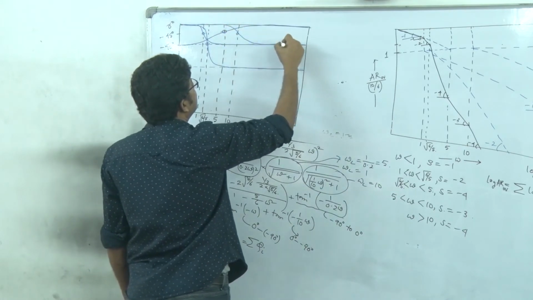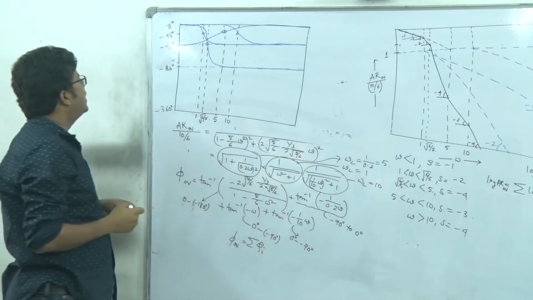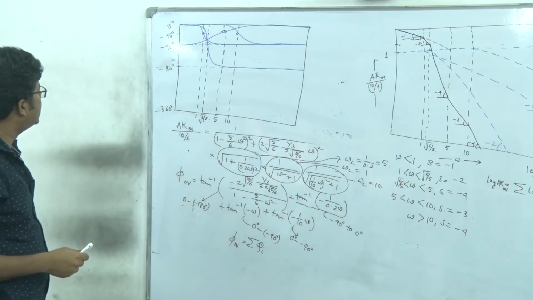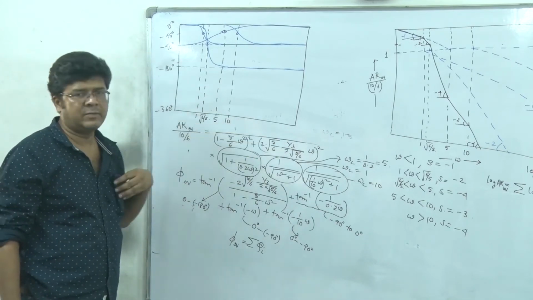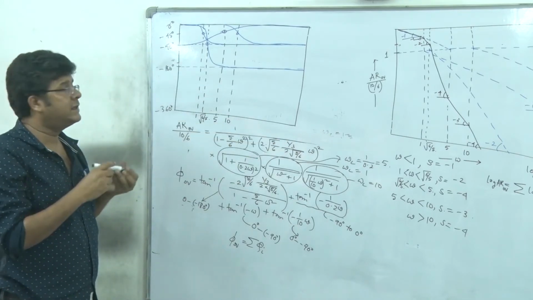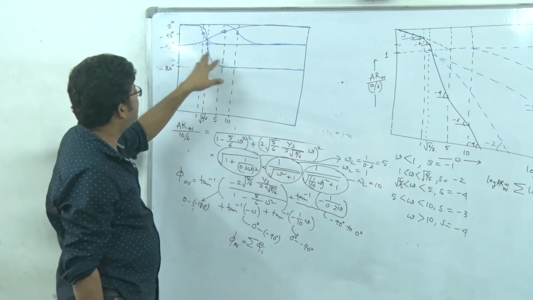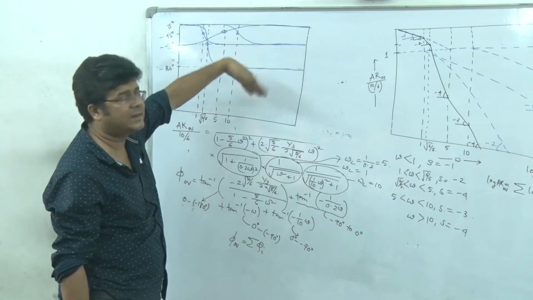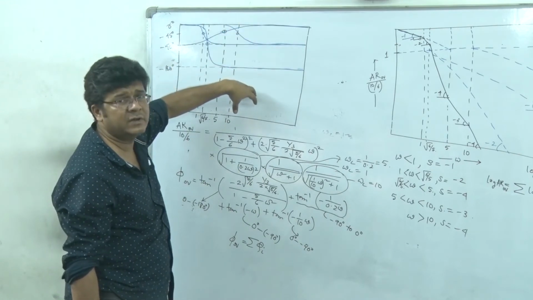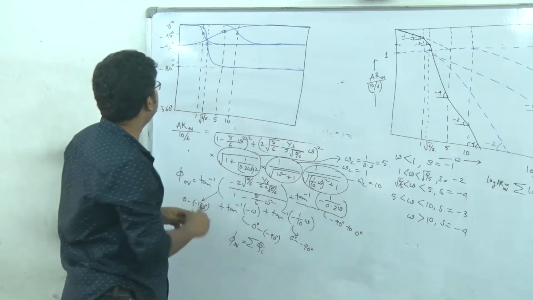It's this. So overall, if we start, then we see that it will start from minus 90 and end at minus 360. Exactly the profile we cannot plot qualitatively, but what you have to do individually is take certain segments and go on adding the individual values of phi, mark those points and plot.